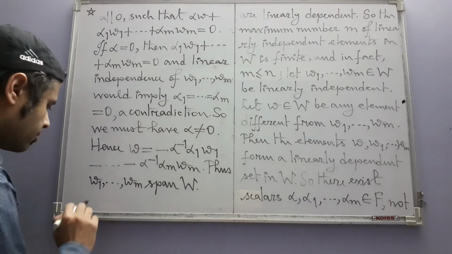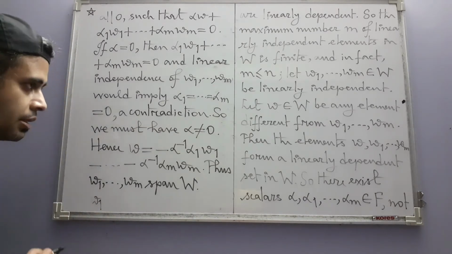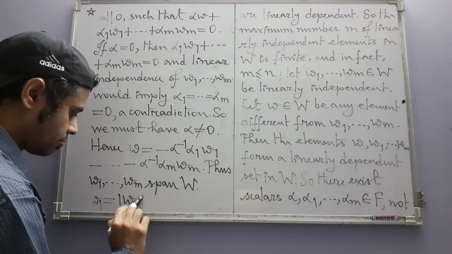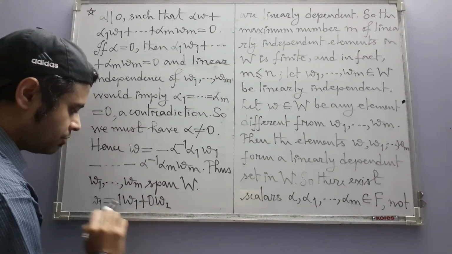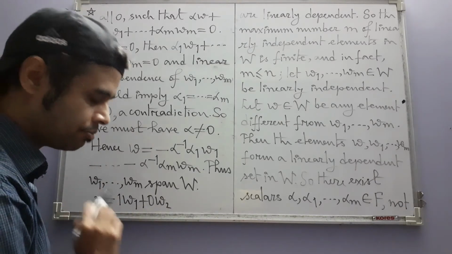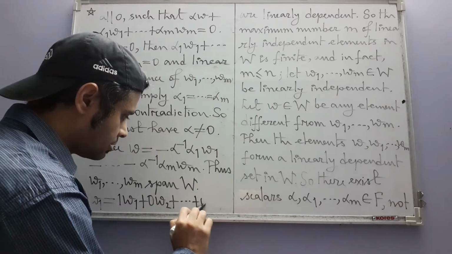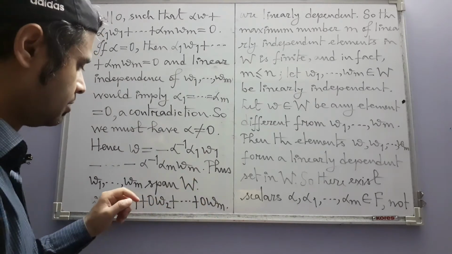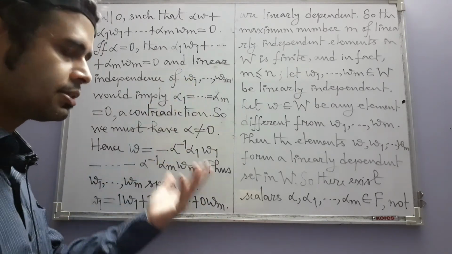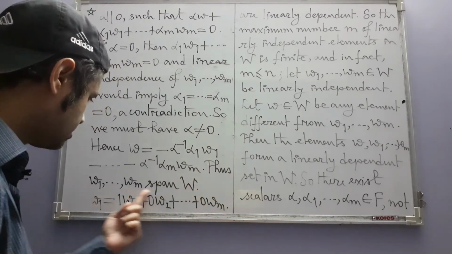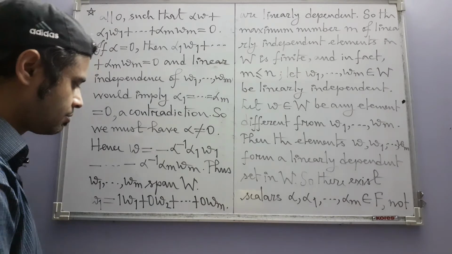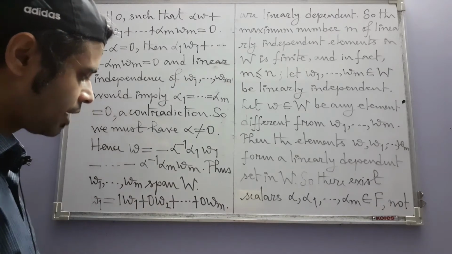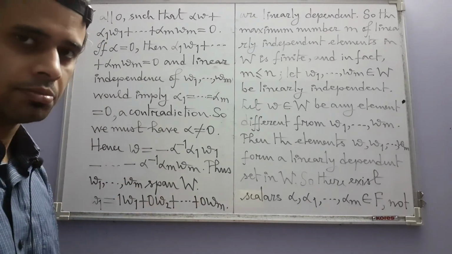That is because, for example, you can write w1 itself as a linear combination of the wi's in which only the coefficient of w1 is non-zero, which is precisely 1, and all the other coefficients are 0. We are not explicitly writing that here. So we take all these things into account and conclude that these span W. They were already chosen to be linearly independent, and now they have been shown to span W, so they form a basis of W.